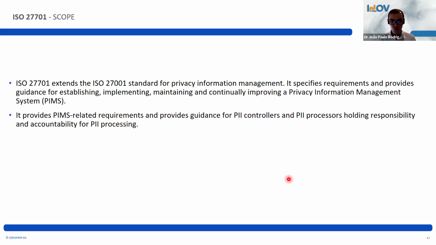If you want to implement ISO 27701, you must have ISO 27001 already implemented. It provides the PIMS-related requirements and guidance for PII controllers and PII processors, who hold responsibility and accountability for PII processing. PII means personally identifiable information.